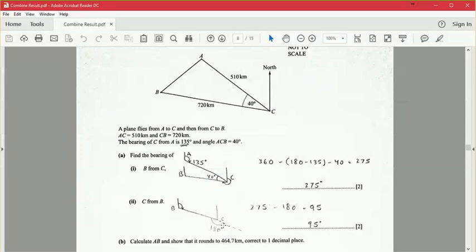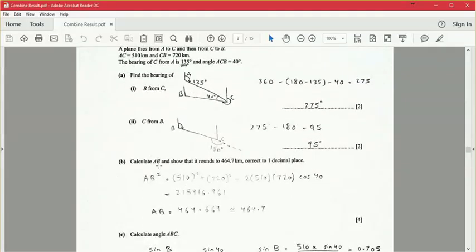And we only want to get this angle here. So how can we get it? Well, we can see that the total of this angle, all of it, is 275. So 275 minus 180 gives us 95.